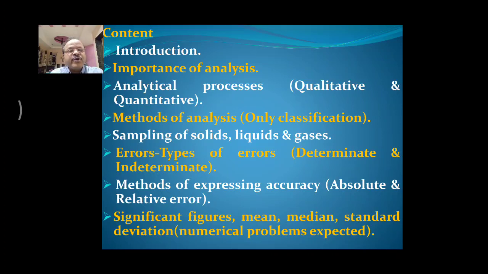Next point, methods of expressing accuracy. Accuracy is important. If we perform the same experiment 5 times, 10 times, then the readings should be similar. This indicates there is accuracy in the method, accuracy in the person's skill, and accuracy about the chemicals.